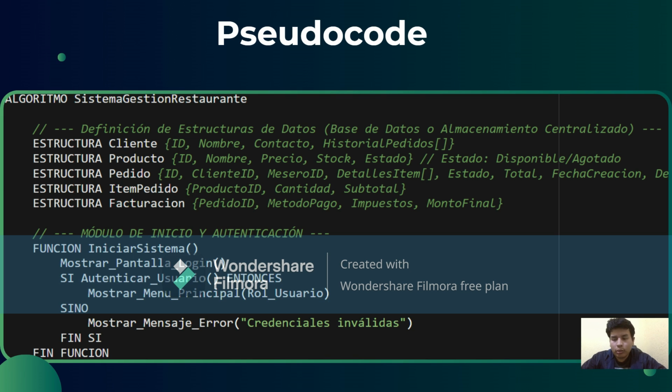Right now we are going to dive into the core logic that powers our system, represented in this pseudocode. It all starts with the definition of our main algorithm, restaurant management system.